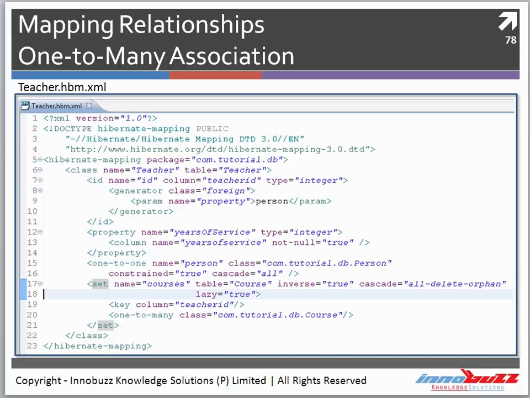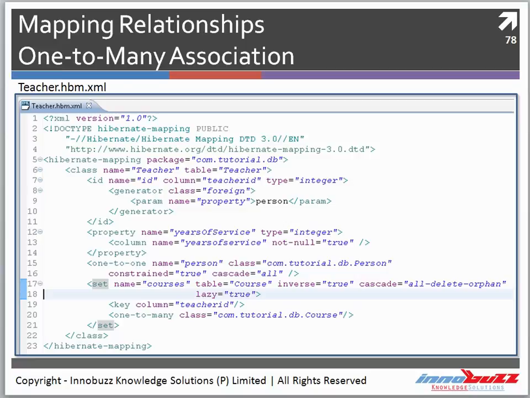First, we have to define which list type we will be using for this type of relationship. In this case, we're using a set. Then, we have to define the name of the collection, which is courses, and the associated table. Then, the inverse element, which defines if this side of the association is the end of the relationship.